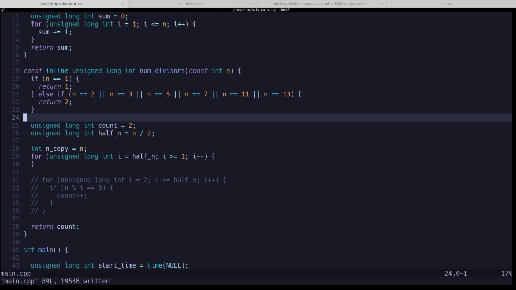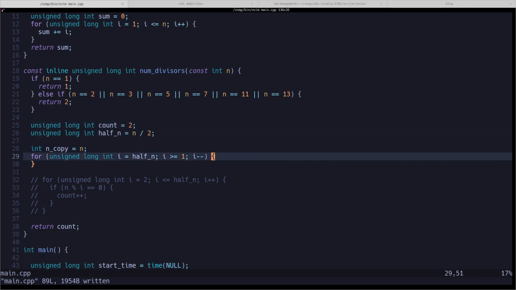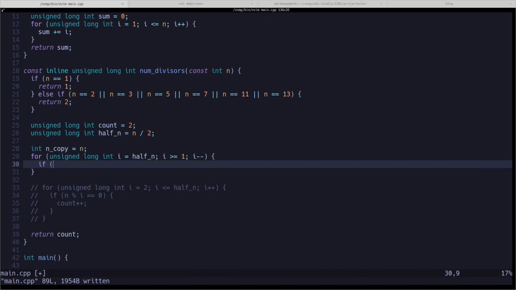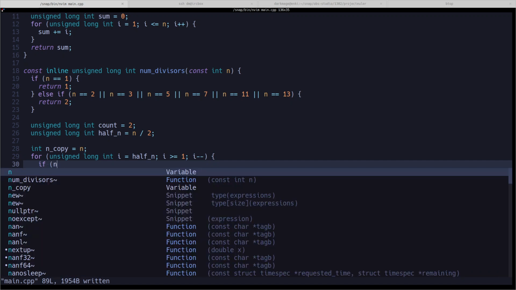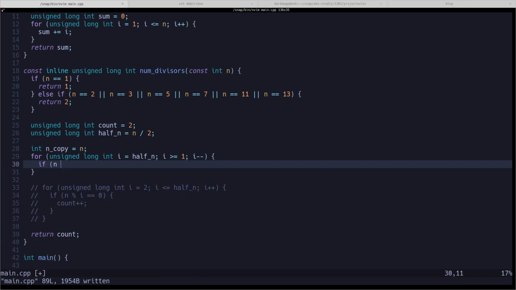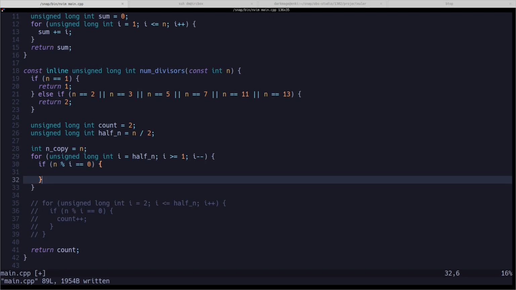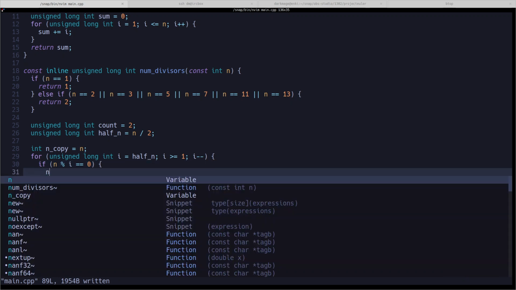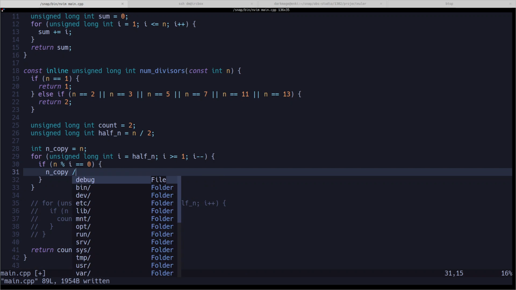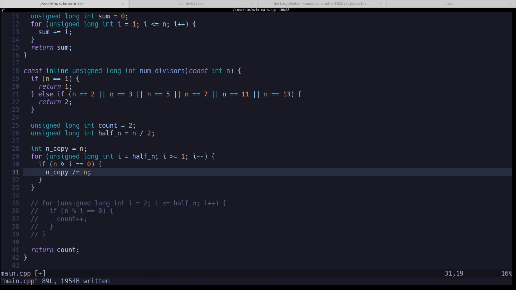This is an example of how you might cut them out, right? So then, as we're stepping through, if n mod i is exactly equal to 0, then n copy divide gets n.